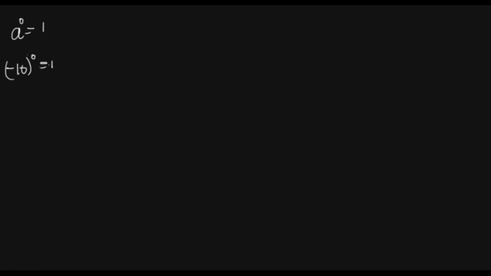So anything, whether the number is positive or negative, a small number or big number, any letter, as long as it is raised to the power 0, it is equal to 1. That is also another rule, and we have to make sure we understand this because these laws are also applied under calculus. When you are differentiating and it gives you a letter raised to the power 0, you just need to replace that with 1. So anything raised to the power 0 is 1.